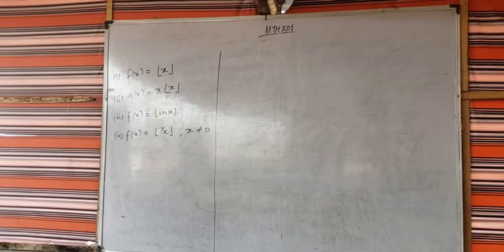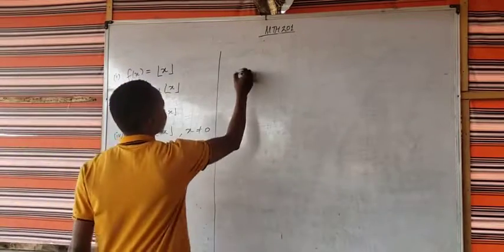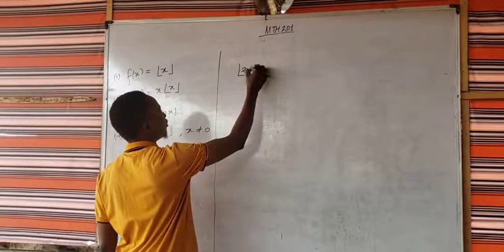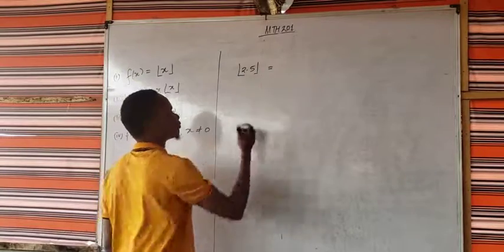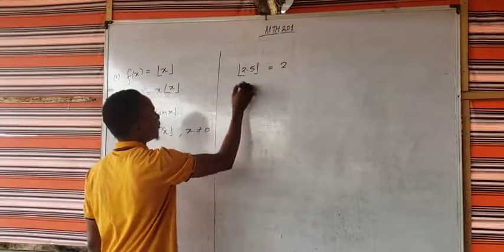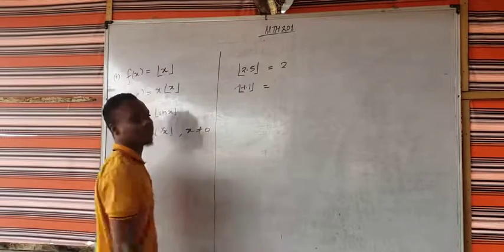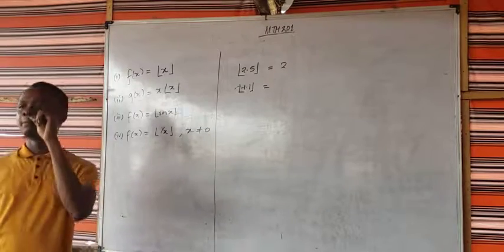Okay? So if I put in a number, let's say 2.5, what is the greatest integer less than or equal to 2.5? 2. If I put in minus 1.1, what is the greatest integer less than or equal to minus 1.1? Minus 2.